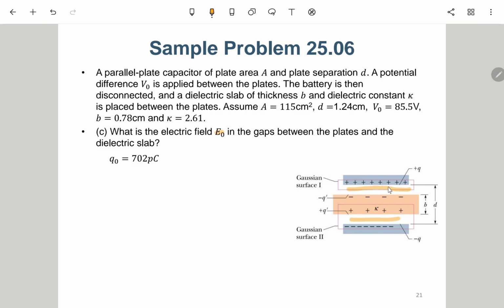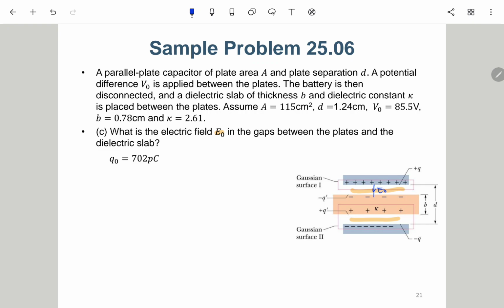Okay, so here it asks you the E field, E0 here. The E field between the plate and the slab doesn't relate to the dielectric.